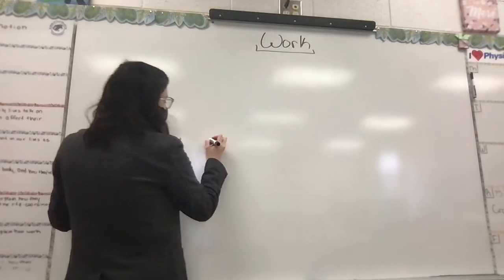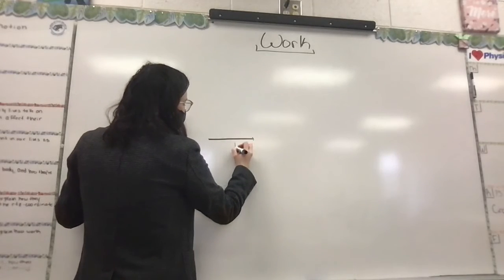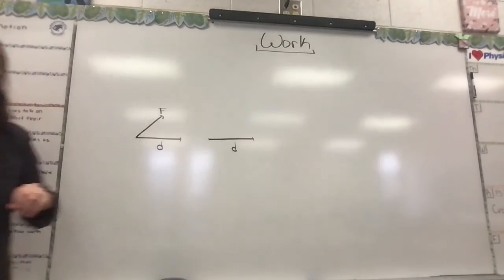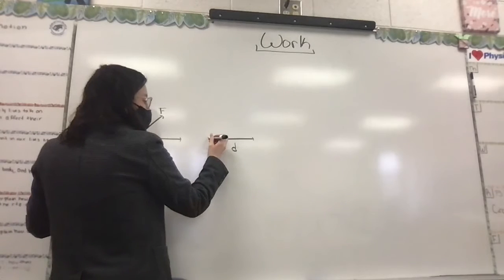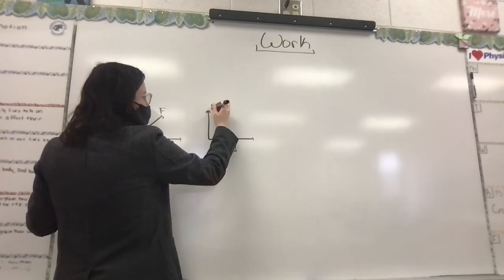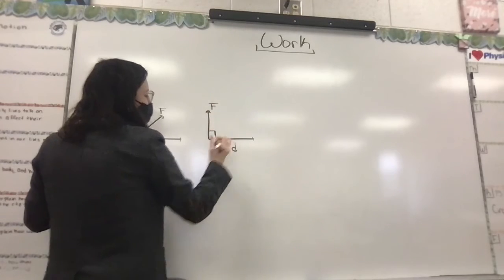Now, what if this is the way of the distance, but 0 work is being done? Which way would the force possibly be pointing then? It's not going to point to the left, no. That would be negative work. It could be down. Could also be up. The key here is it's going to be perpendicular.